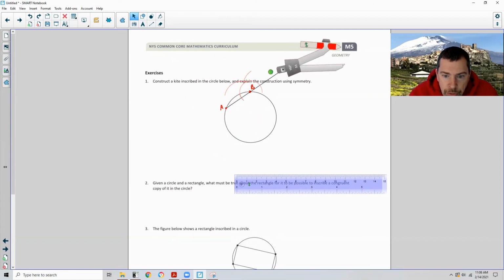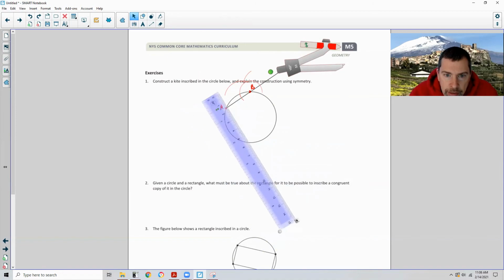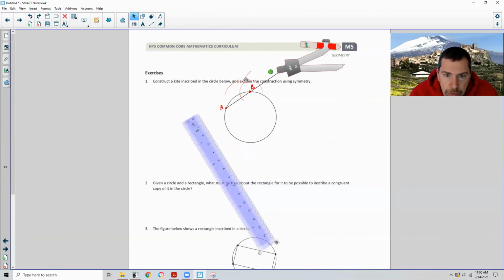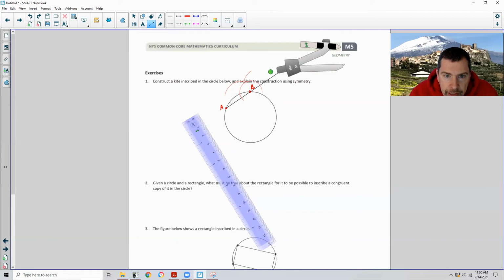So there are my two arcs where they intersect, and then I would draw a line segment with my ruler, but I'm going to just do a shortcut here. Pretend I'm using my ruler, make it thin, starting at this intersection going through B so that it's perpendicular.